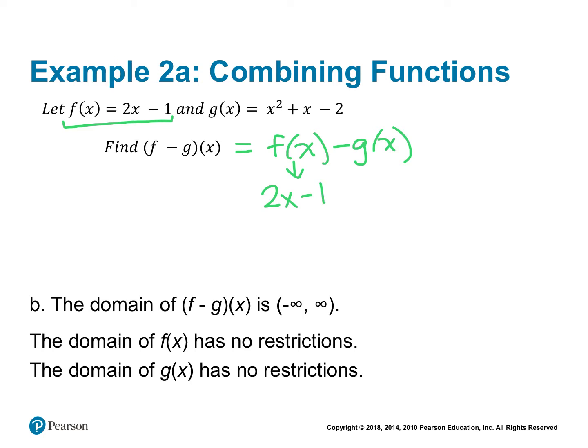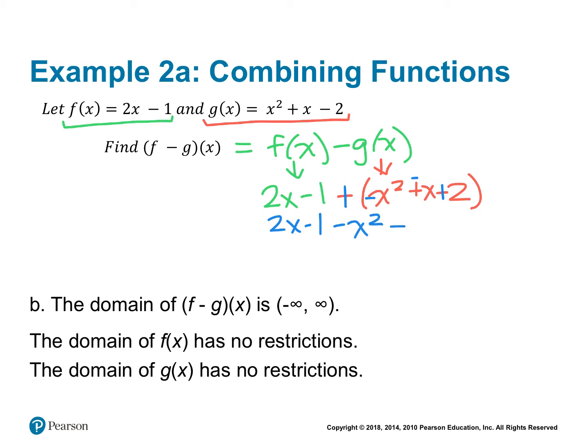minus g of x. Let me do that in a different color. And you have to minus that whole quantity. And then you simplify. So I'm going to change all these to their opposites right away so I don't forget. So I'd have 2x minus 1. Then I have plus a negative x squared plus a negative x plus 2.